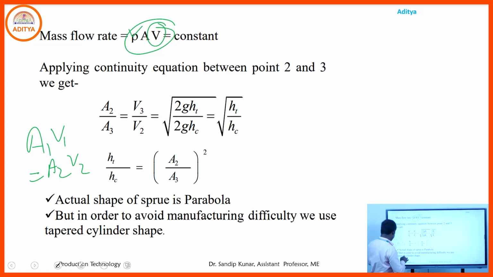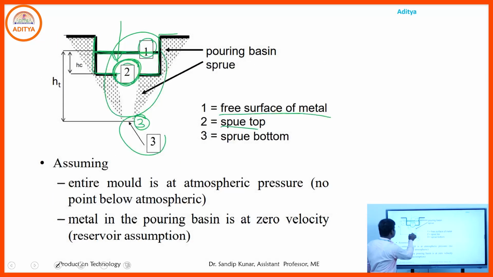Here we consider section 2 and section 3: section 2 is the top surface of the sprue and section 3 is the bottom surface of the sprue. Section 1, as already told, is the datum line, the free surface of the metal. So we consider section 2 and section 3.